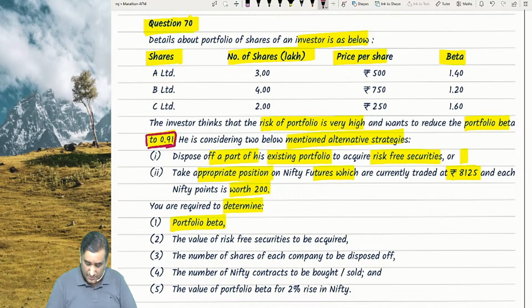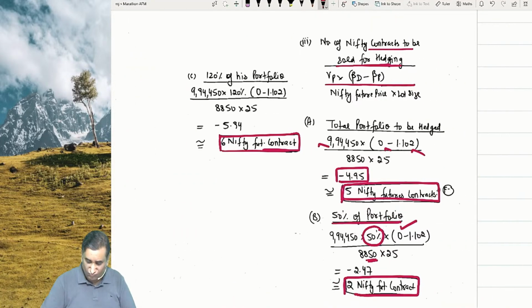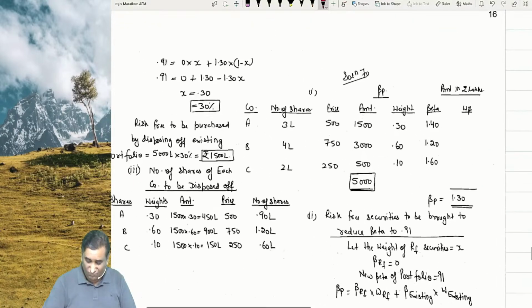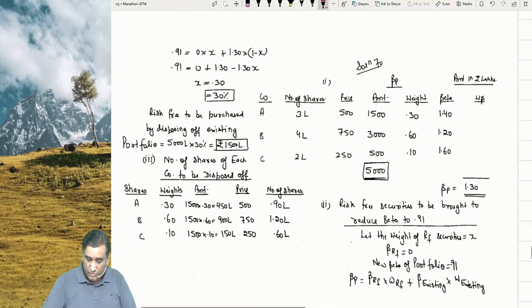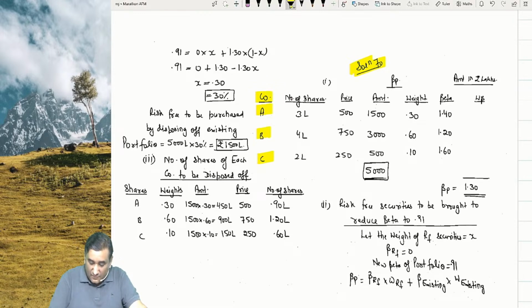The answer in the first part is to calculate the portfolio beta. Companies A, B, C. Number of shares 2 lakh, 4 lakh, 2 lakh. Price 500, 550, 750. These are easy readable amounts.